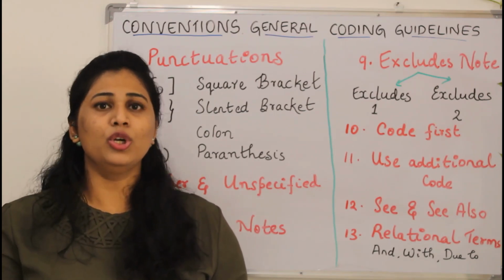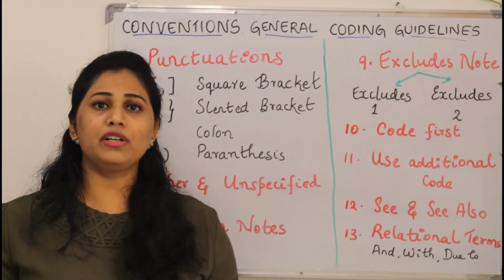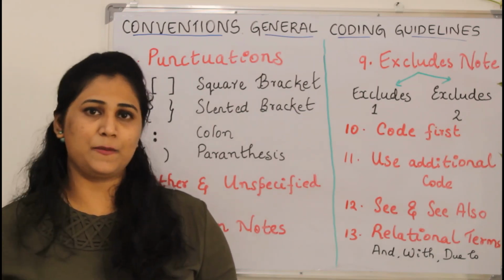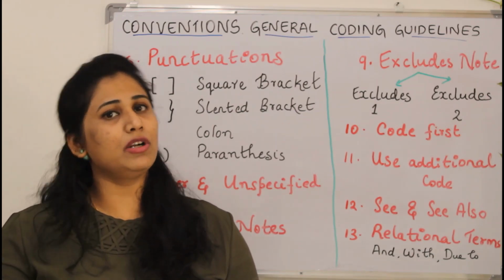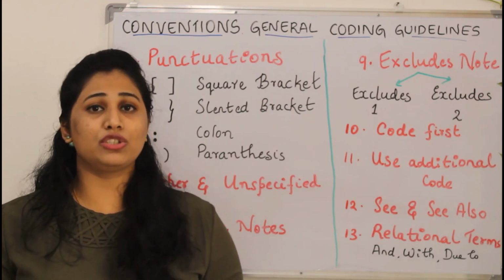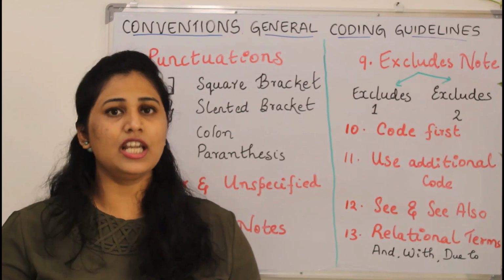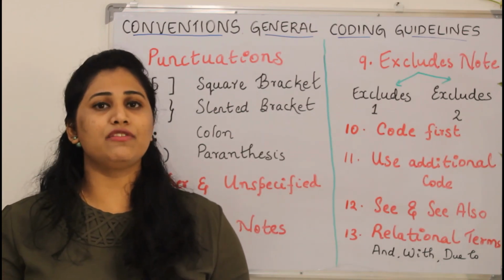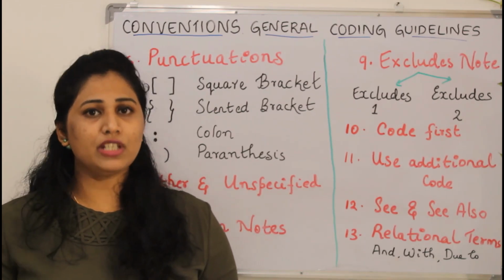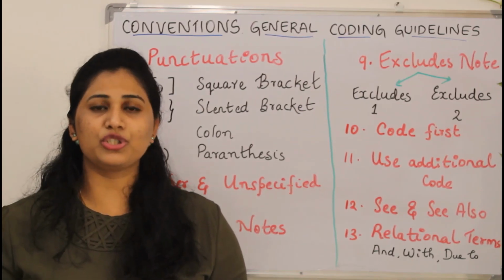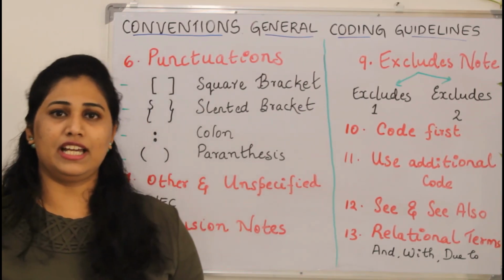If it is so, then we need to code hypertensive CKD. Okay, understood. This is nothing but due to. So we need to check for the documentation given by the doctors very clearly. If it is due to diagnosis and if it is not documented properly, we need to raise a physician query to the doctors and we need to clarify the diagnosis.